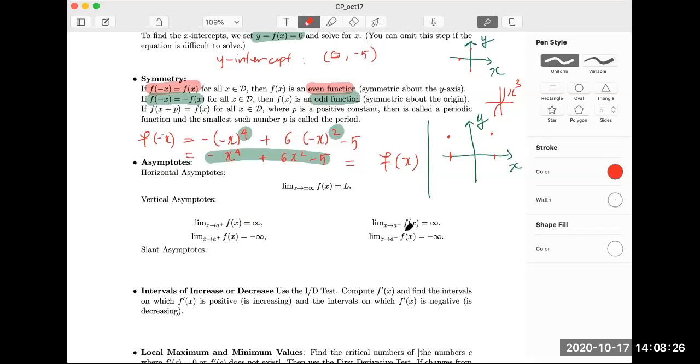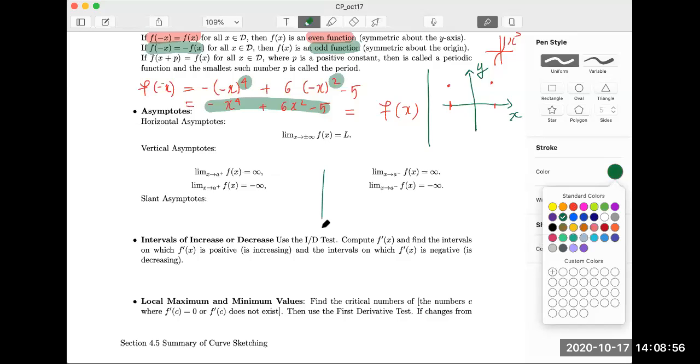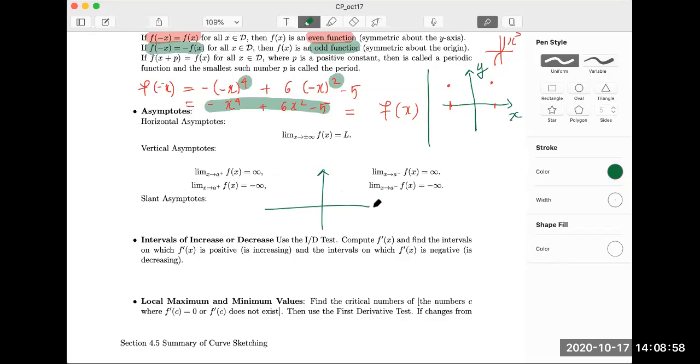Another one, asymptotes. The horizontal asymptotes are the limits when x approaches negative infinity and positive infinity. Okay. The vertical asymptotes are the points of discontinuity, and we want to know, for example, the function 1 over x minus 1.